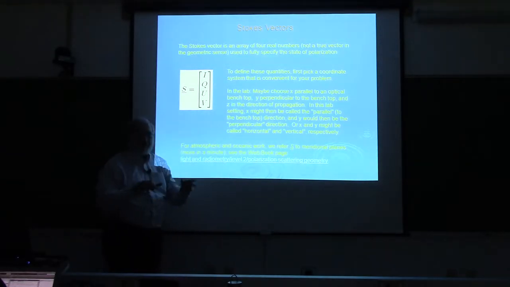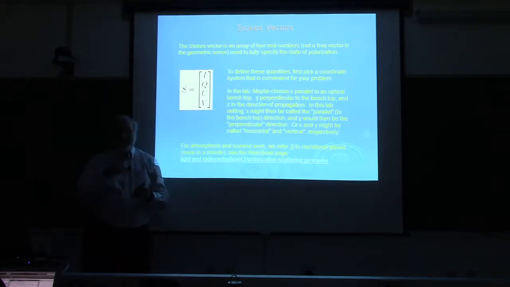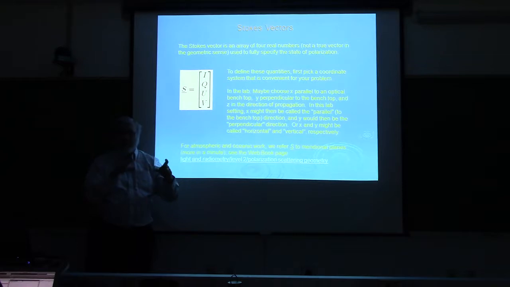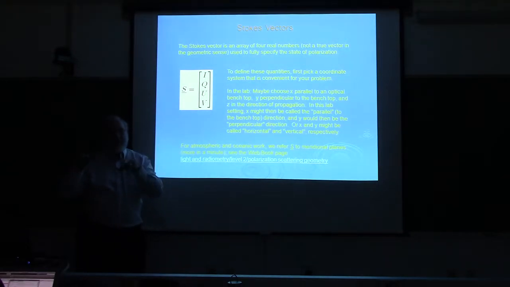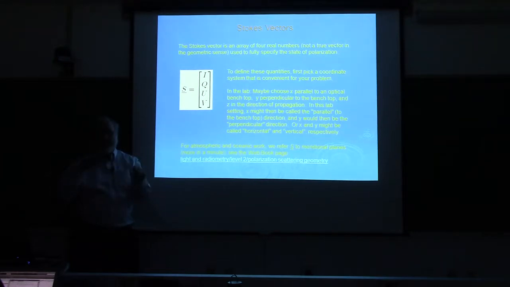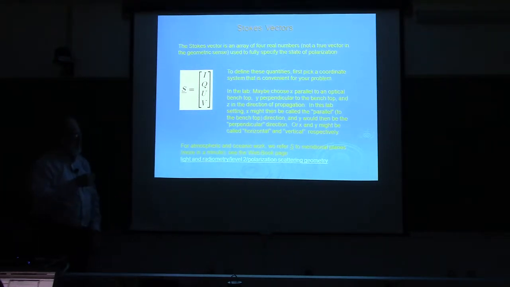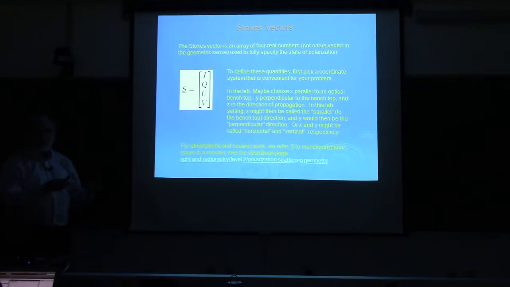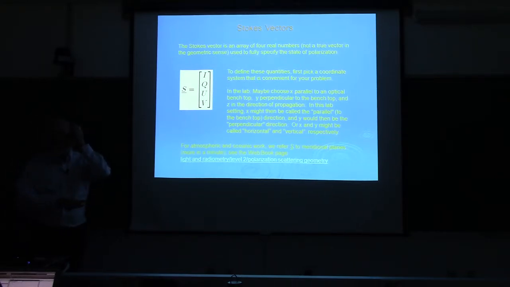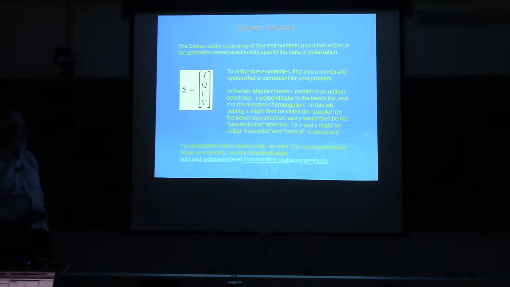So it's really confusing when you read a paper, and depending on how you define things, you'll get a different Mueller matrix for, quote, a horizontal polarizer versus a vertical polarizer. They'll be a little different. And in a paper, they often don't tell you what coordinate system they picked, but that's what makes it confusing.